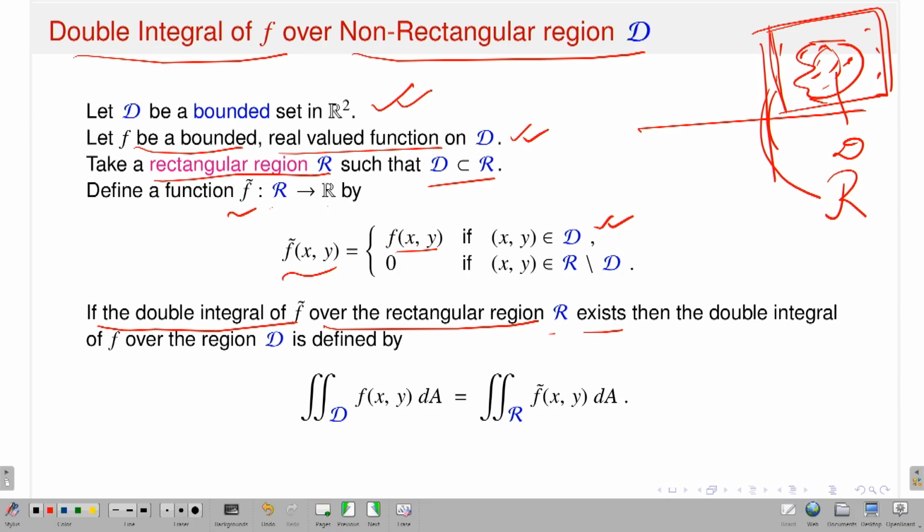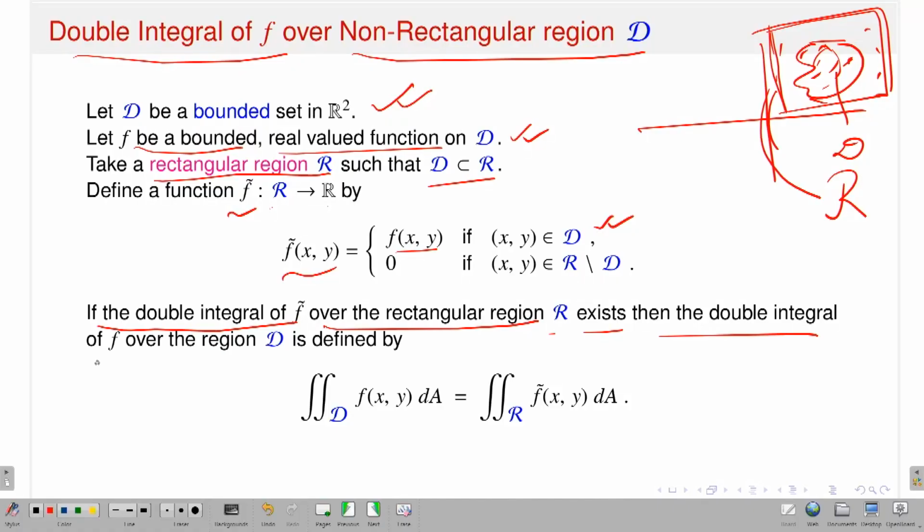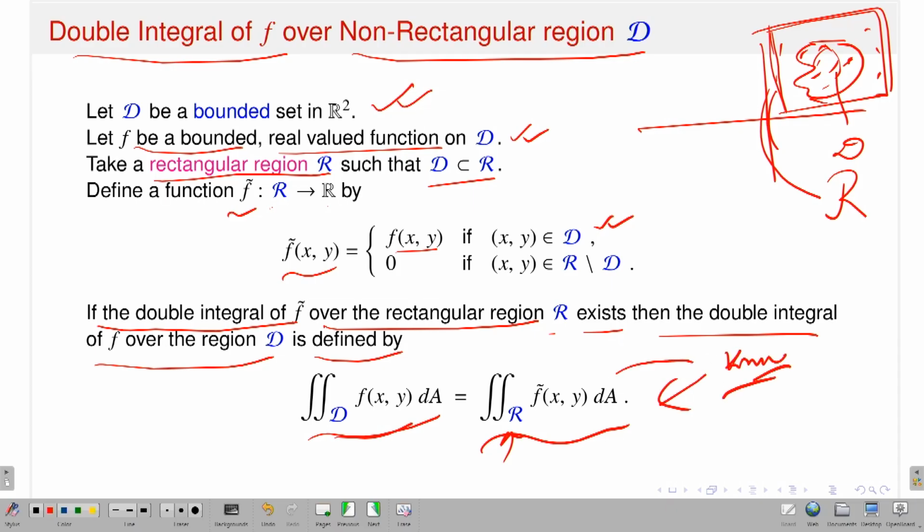Suppose the double integral of f2 del on the rectangular region exists, then the double integral of f over the bounded region D that I would like to give a meaning to is defined as the integral over the bounded region D of your function, which is nothing but the integral of your newly defined function f2 del over the bounded rectangular region, and that you know from the earlier lectures.